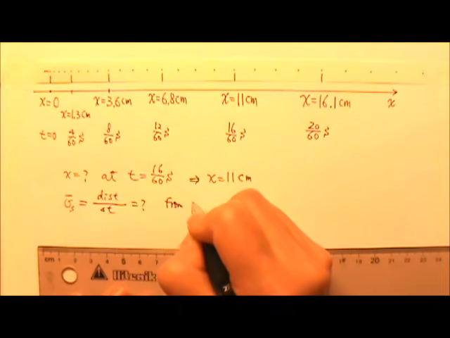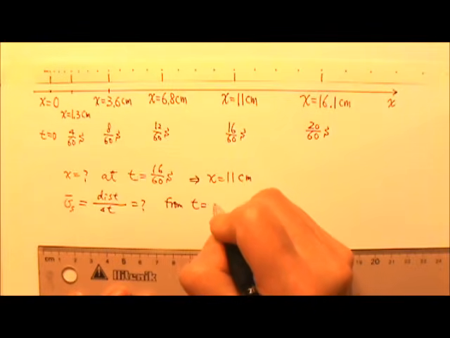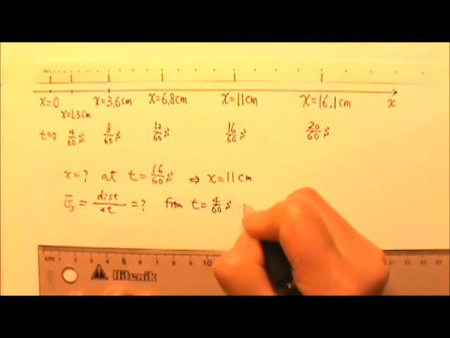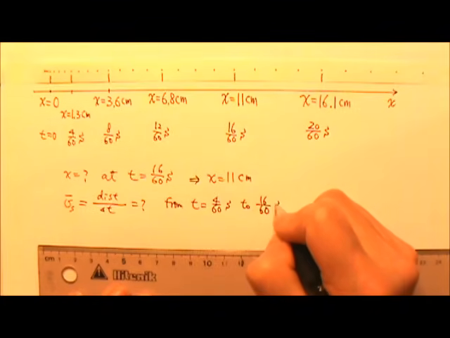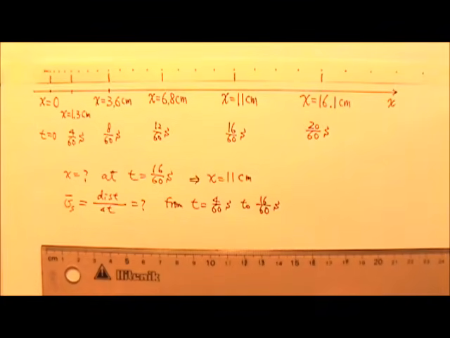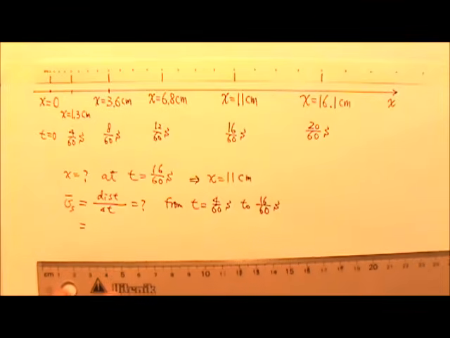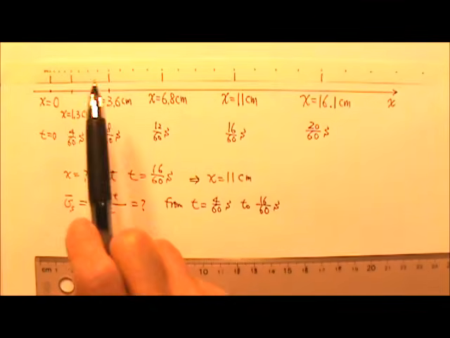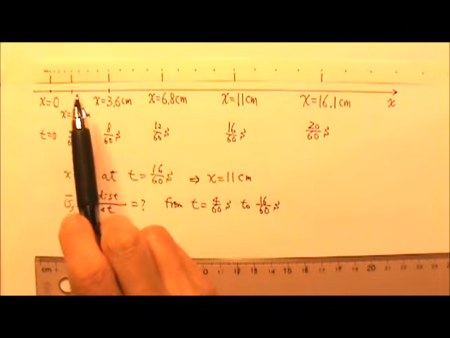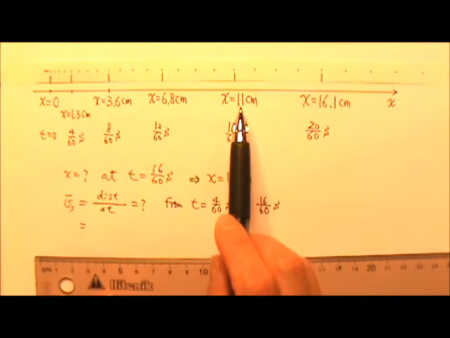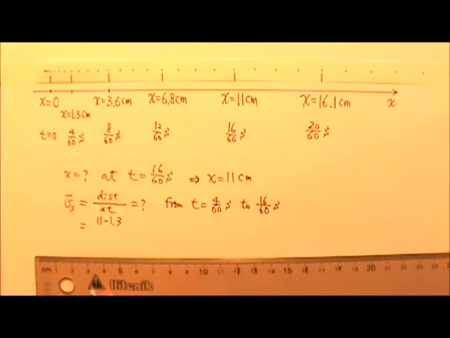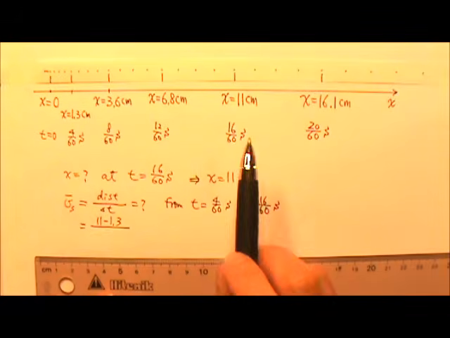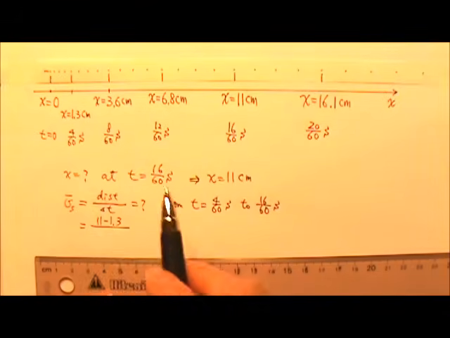from t equals 4/60th of a second to 16/60th of a second. Then let's see, we'll need the distance traveled between this time and that. And that will mean it's 11 minus 1.3, divided by the time, final time minus the initial time.